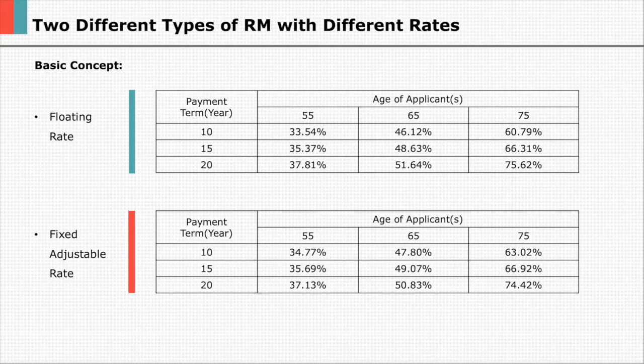In this matrix, we can discover that if the payment term is longer, the rate with the same age will be larger as well. And horizontally, we can find out that the floating rates will increase when the age of the applicants increases as well.